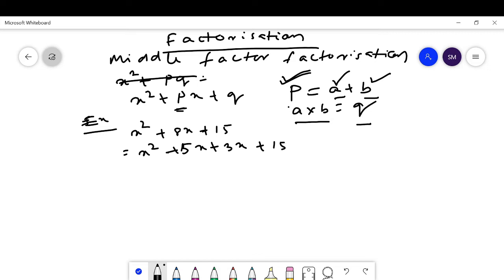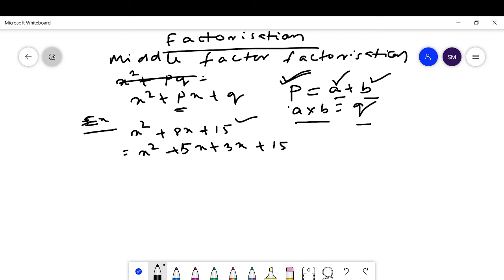Look here: 5x plus 3x is equal to 8x, and 5x into 3x is equal to 15x square. Here 8 is split into 5 plus 3, and 5 into 3 is equal to 15.